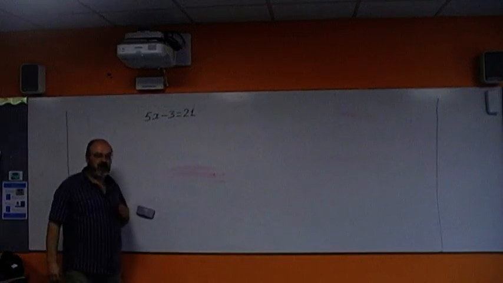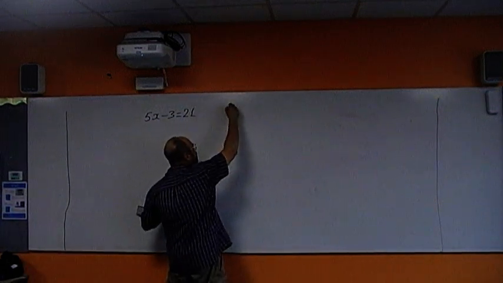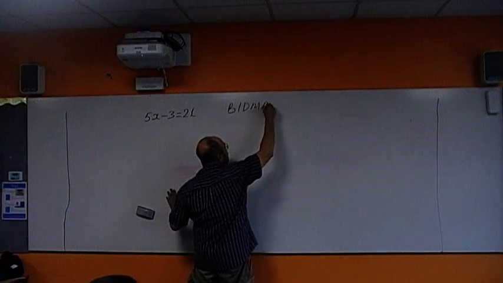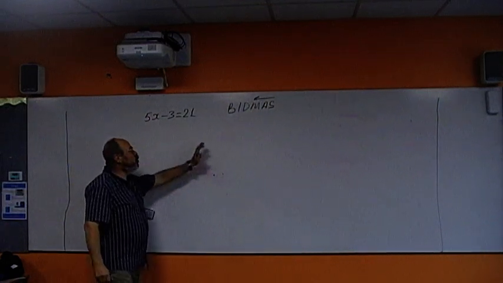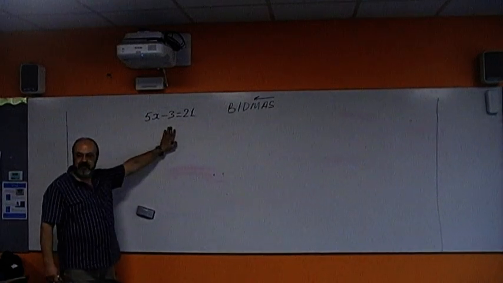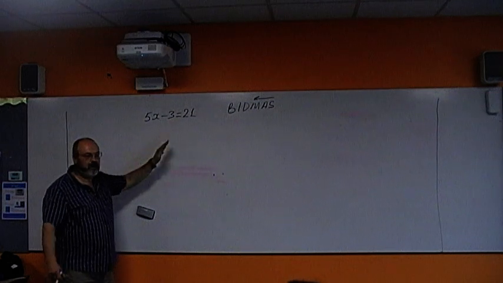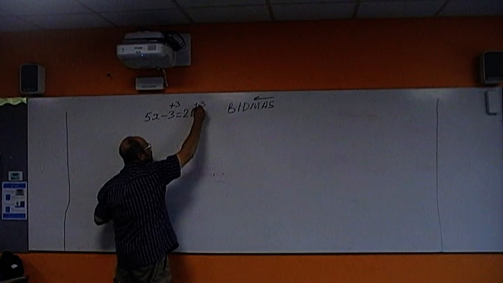Solving an equation, we are always working through BIDMAS backwards, and we do the same to both sides. So what should be our first step? Plus 3. Working on subtraction, to get rid of the 3, we add 3 to both sides. That is the first step.